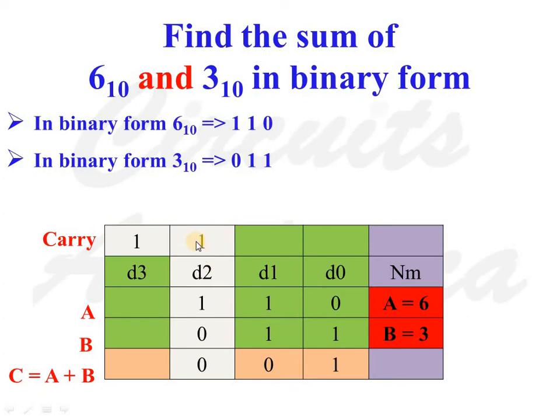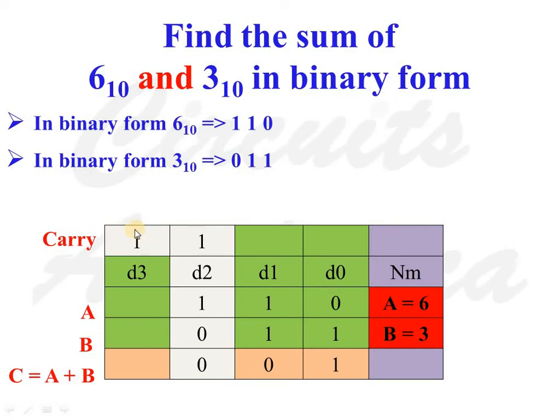Now carry in is equal to 1, then the bits are 1 and 0. So 1 plus 0 plus 1. So result of the operation is equal to 1, 0. Sum bit is equal to 0. Overflow is equal to 1.